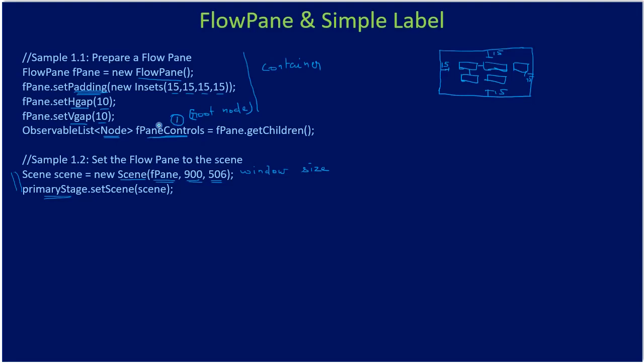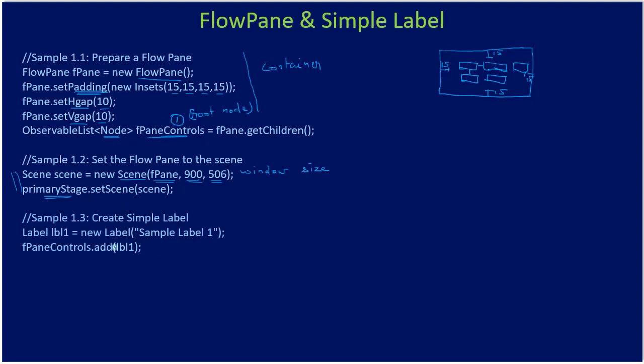Now we will make use of this. Here we are creating the label. This is not from AWT; this is from JavaFX. So we are creating the JavaFX UI label, and we are passing a string called sample label 1. We call that label 1. Then we pass that to the FlowPane control which we already created.